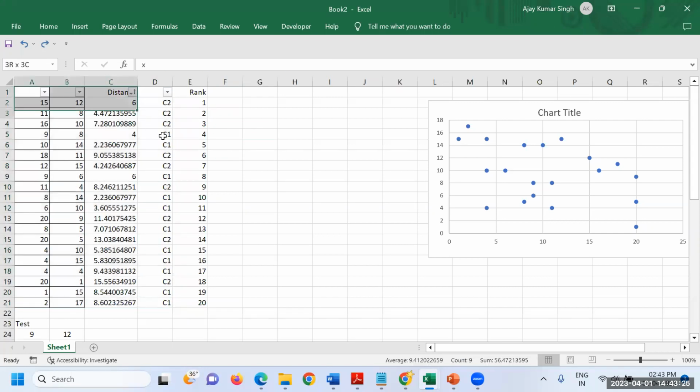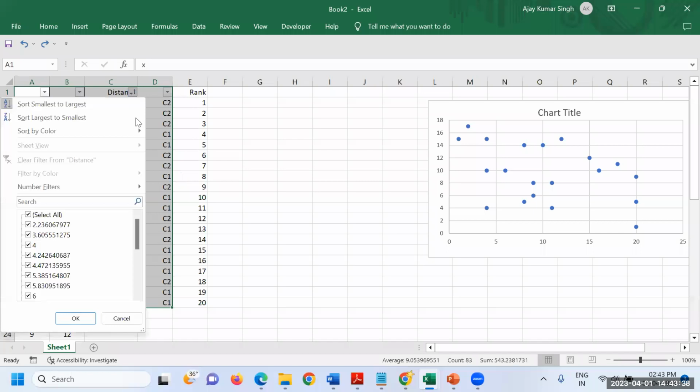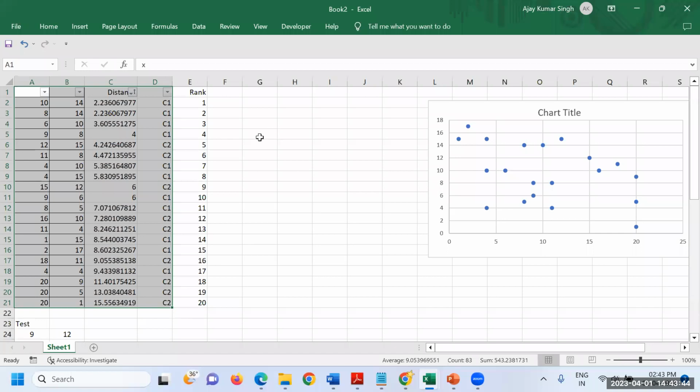We have not taken this. Again, no issue, because this has to be the same, 1, 2, 3, 4 ranking is required. So it hardly matters. The rest others have to change. Sorting smallest to largest, right.